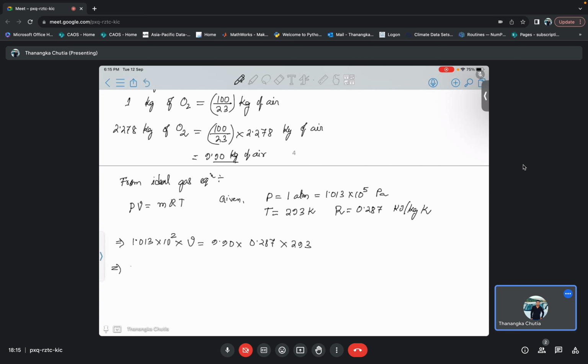From here, volume V is 9.90 into 0.287 into 293 divided by 1.013 into 10 square, in meter cube.